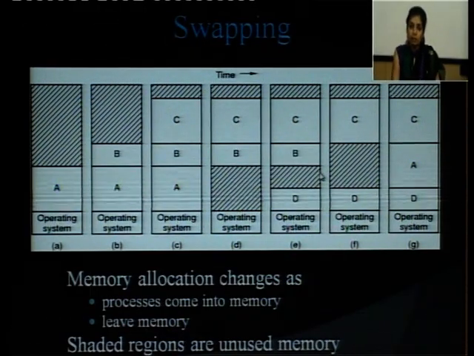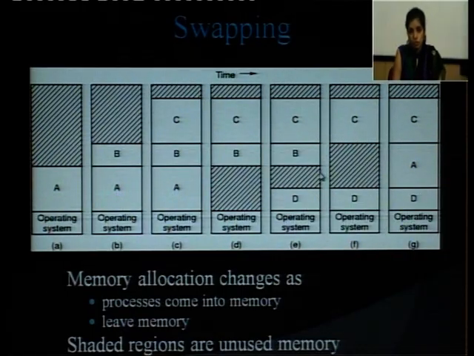So this is swapping. We have different methods for swapping, like a number of algorithms. According to that we swap: first in first out, or the least recently used page can be swapped. There are a number of procedures and algorithms we use for swapping.